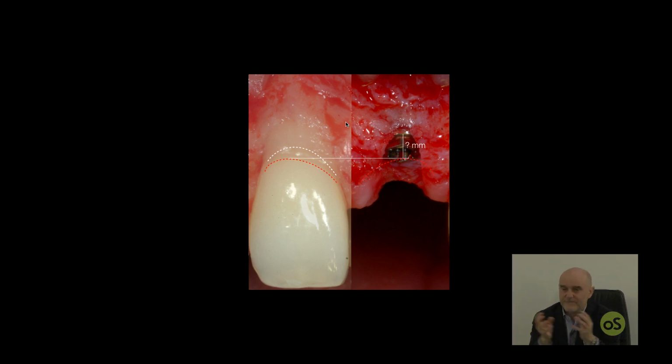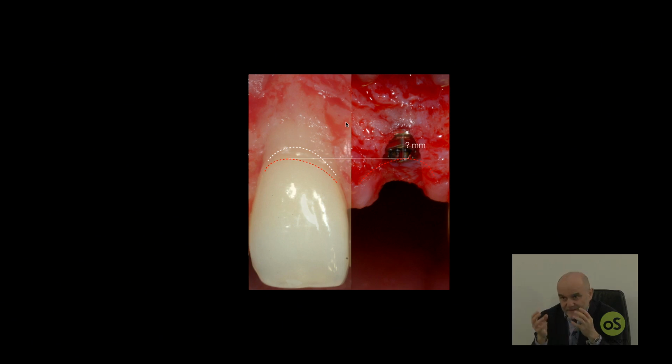So we have to accept a compromise between the apicocoronal dimension and the buccal lingual dimension of this implant in order to give good aesthetics, easy maintenance for the patient, and right emergence profile to the implant-supported crown.